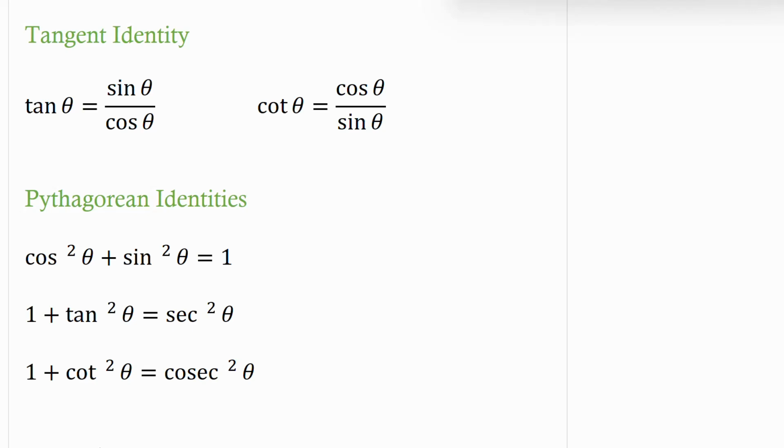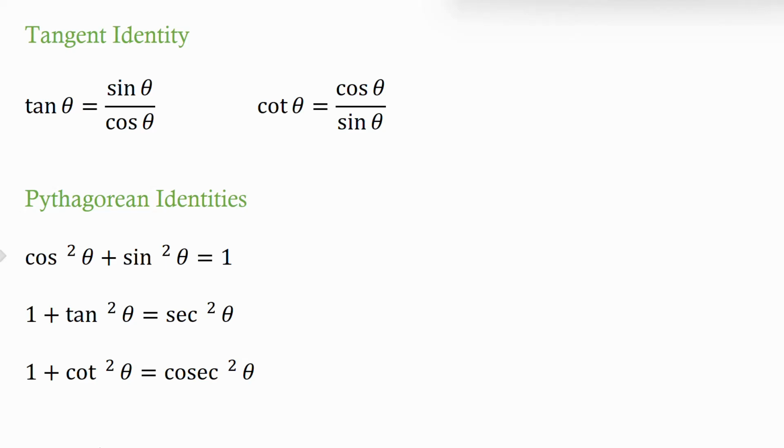Some of your other Pythagorean identities are where you've got squares. So cos squared theta plus sine squared theta equals 1. You've also got 1 plus tan squared theta equals sec squared theta, and 1 plus cot squared theta equals cosec squared theta. Your main one is that cos squared theta plus sine squared theta. The good thing about that is you can rearrange it just as you would any other equation. So for example, let's say I wanted to find what cos squared theta was.